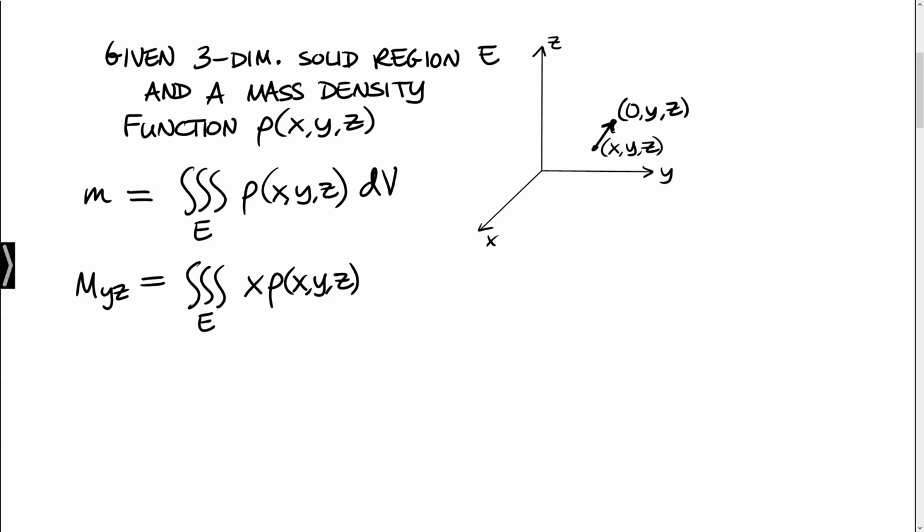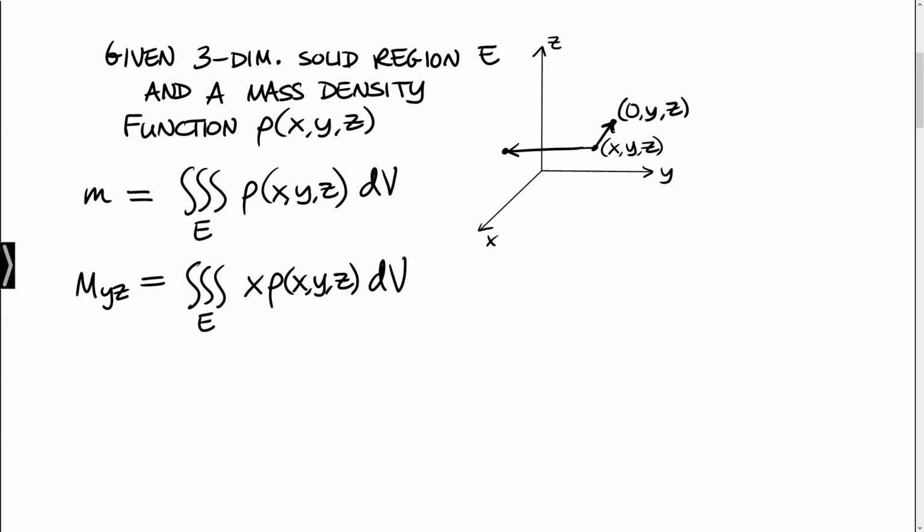Just as in 2 dimensions, we would double integrate x times rho of xy, here it's a triple integral of x rho of xyz. And then we have the same thing for the other 2 coordinate planes. So for instance, in the xz plane, let's say that this projected all the way over to here.